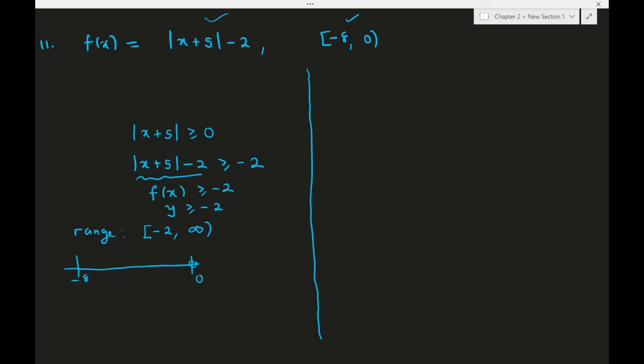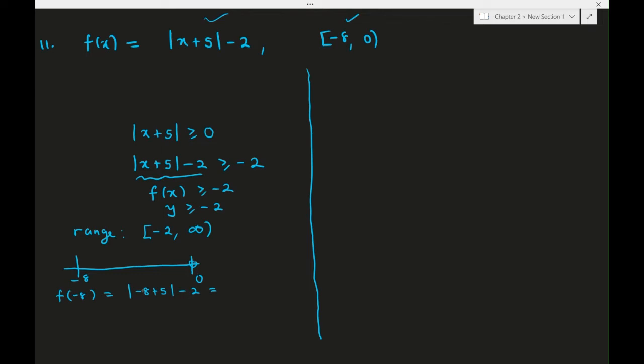Just like I said before, always try the endpoints first. So this is f of minus 8, which will be the absolute value of minus 8 plus 5, minus 2.